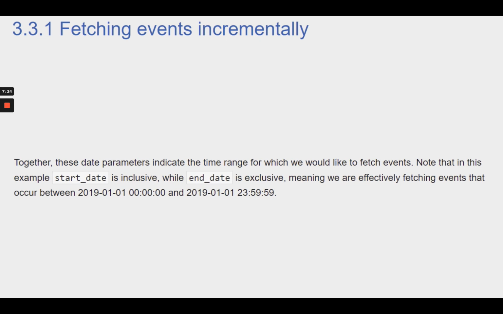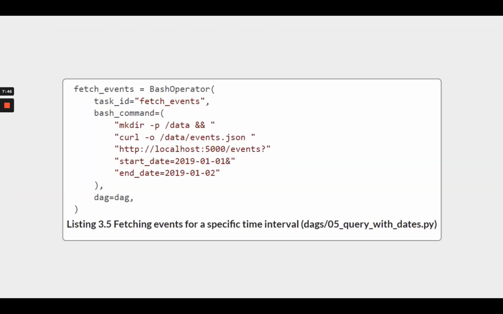Note that in this example, start_date is inclusive, while end_date is exclusive, meaning we are effectively fetching events that occur between 2019-01-01 00-00-00, and 2019-01-01 23-59-59.